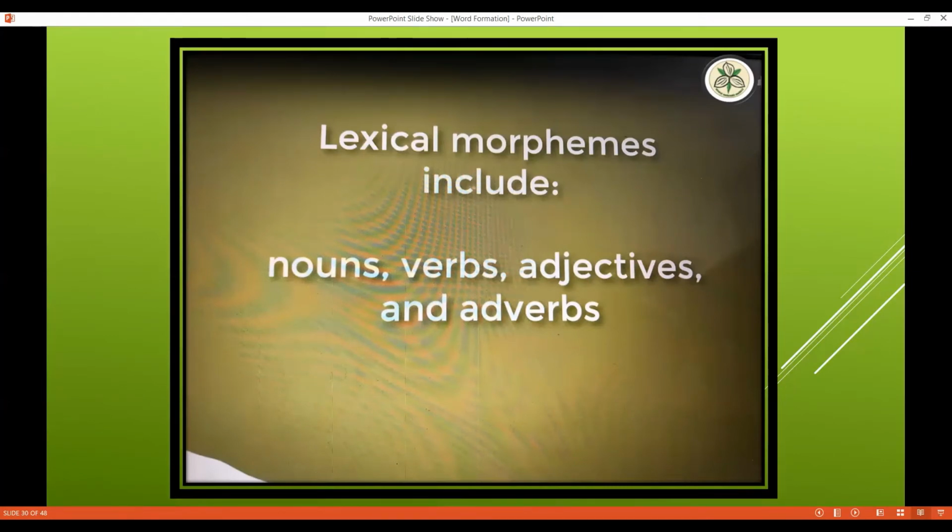These days, of course, it has undergone a change in meaning, and now it just refers to the search engine. But it provides evidence that it was a recently invented word. It's a lexical morpheme. It can stand alone as an individual free morpheme.